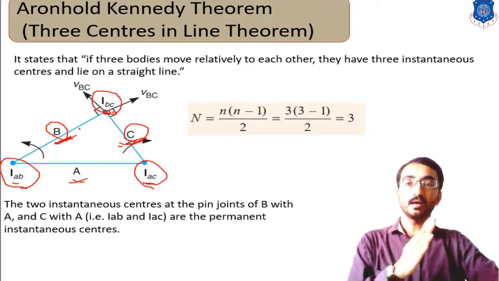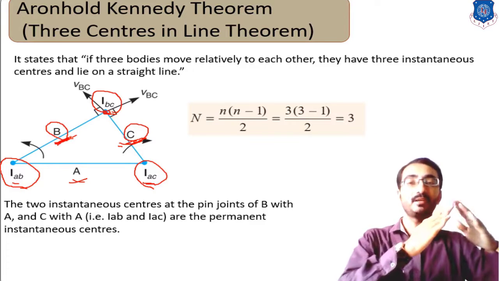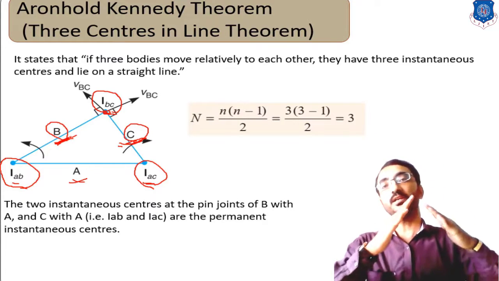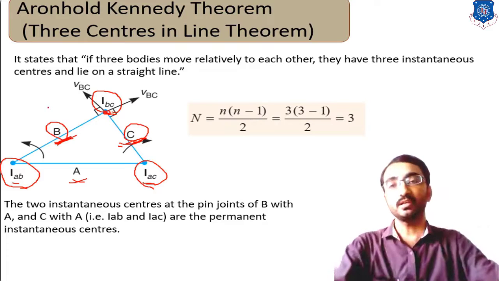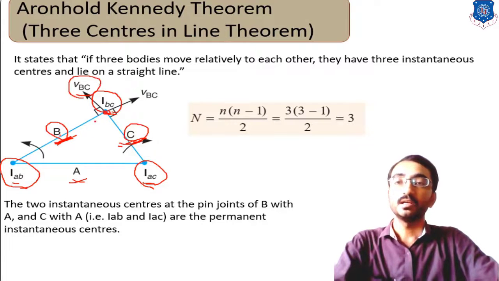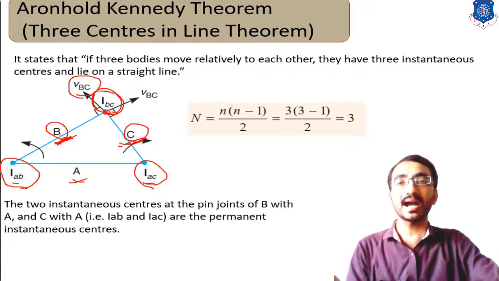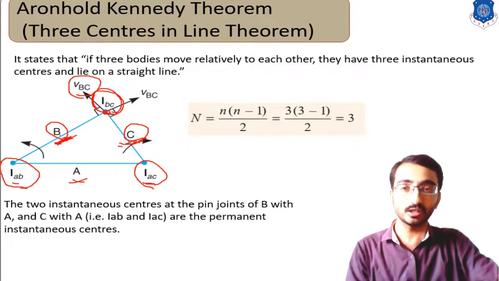So with respect to this link it will have velocity in the perpendicular direction, in a direction like this, VBC, if we consider the IBC point on link B. Similarly, we have to consider this IBC point on link C also.